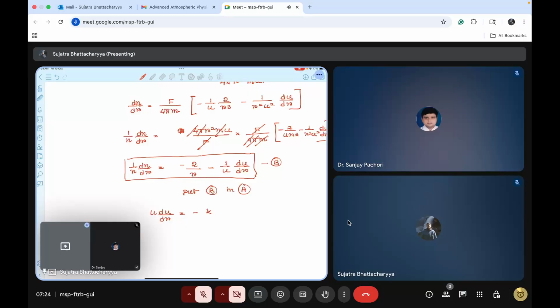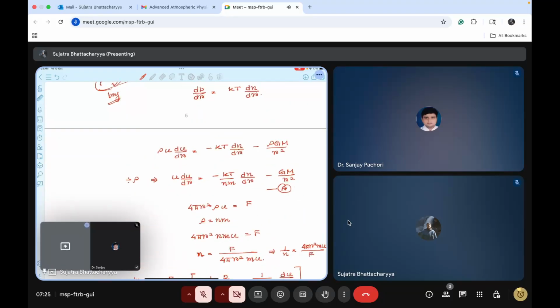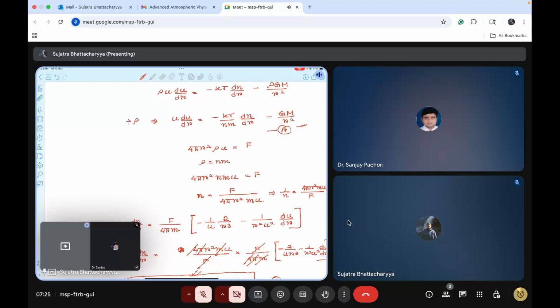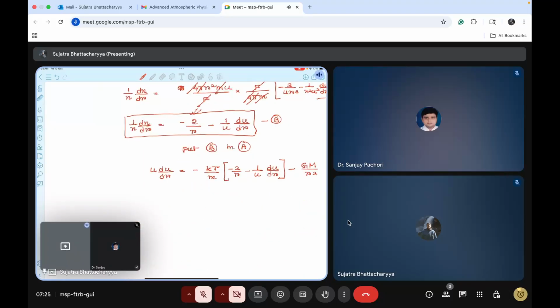Minus kT by m times 1 by n dn/dr can be written like this: minus 2 by r minus 1 by u du/dr. Done. And minus GM by r squared. That's all. This was the expression A. Just 1 by n dn/dr is replaced, and you get this.